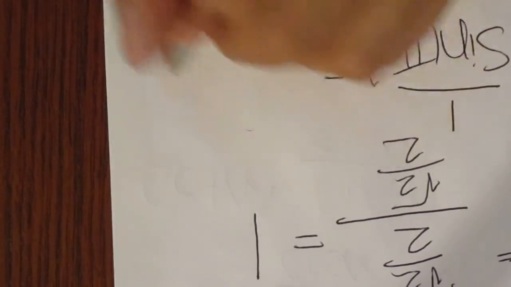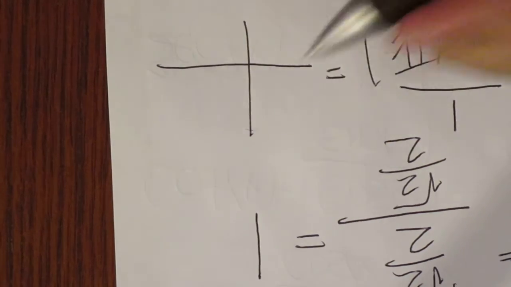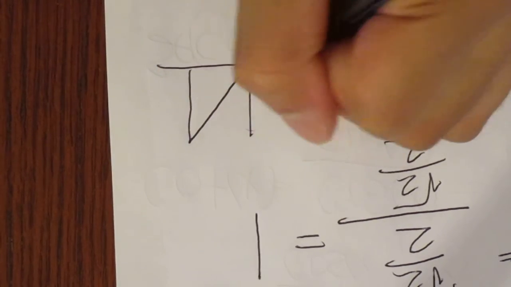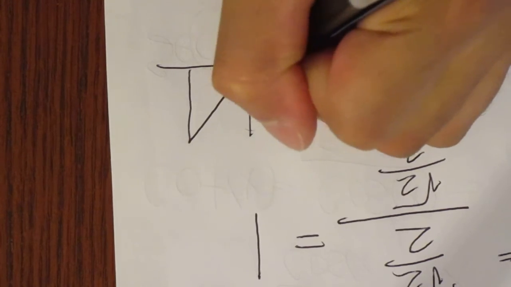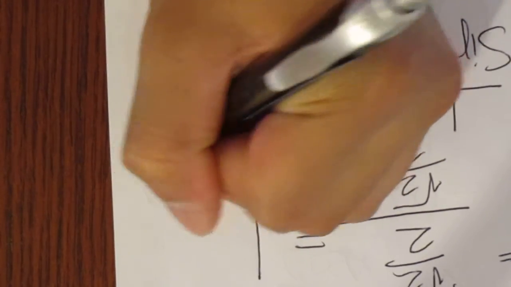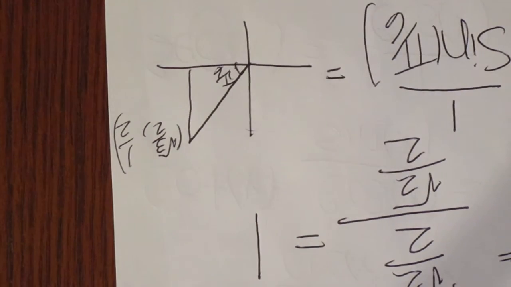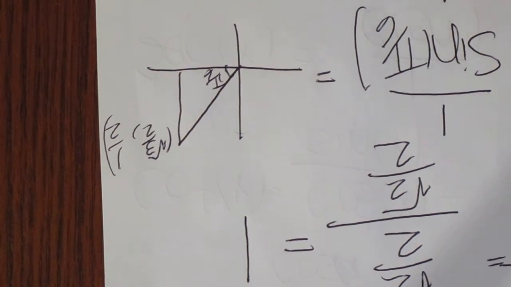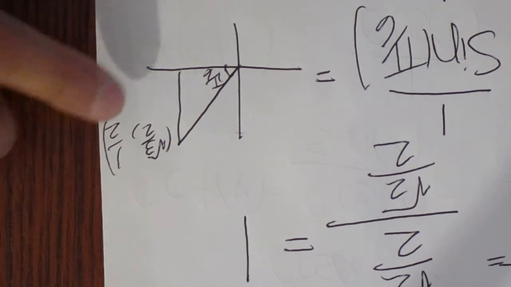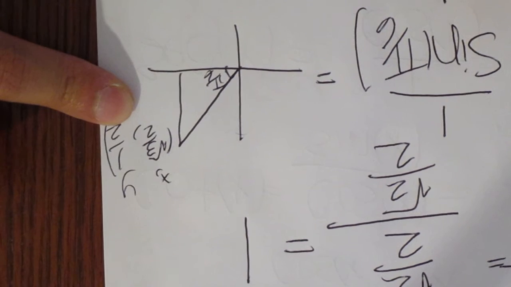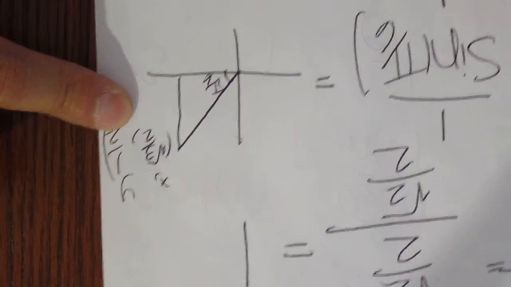From the graph, pi over 6 is right here, and has a cosine of √3/2 and a sine of 1/2. So what is the cosecant? It says 1 over sine, and sine is the y, so it's 1 over 1/2.